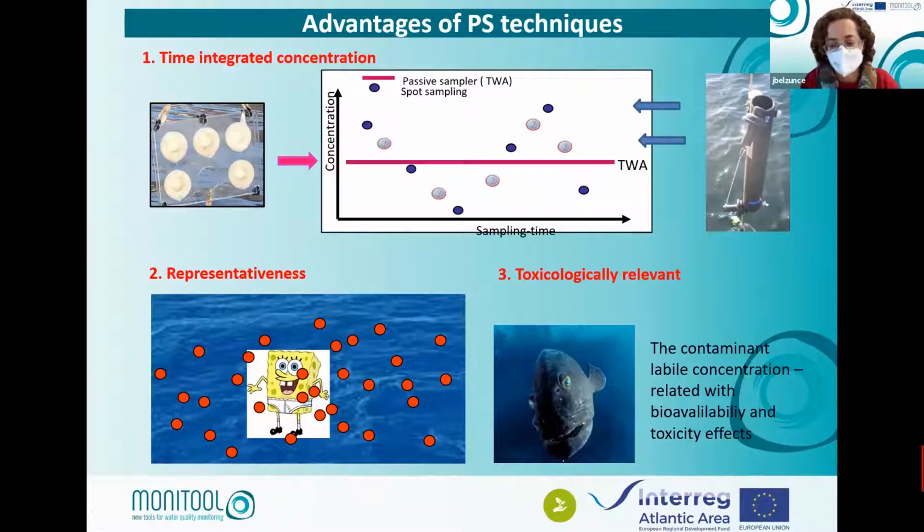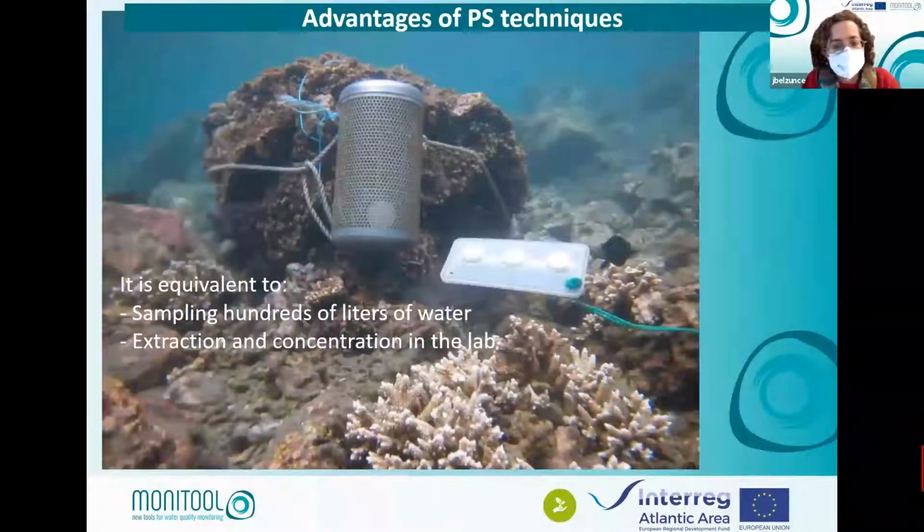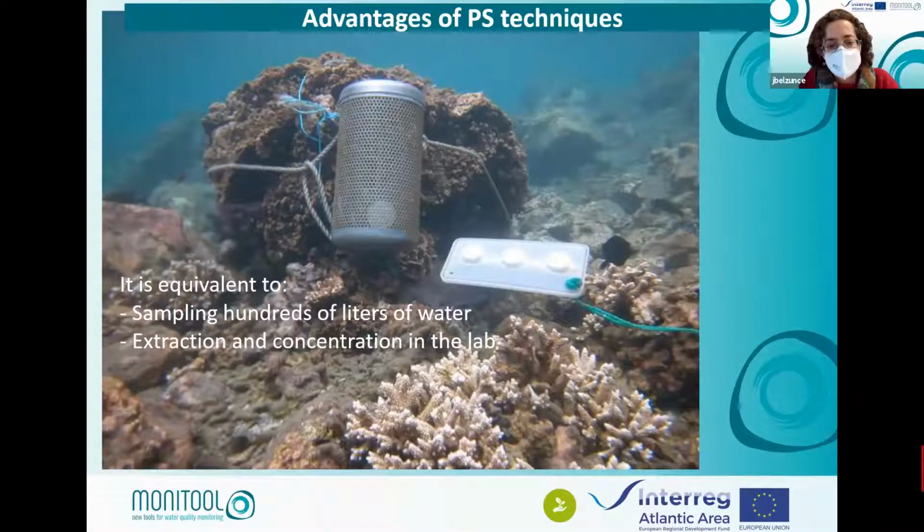So it's more relevant from the point of view of toxicology and ecology. Passive sampling is equivalent to sampling in situ hundreds of liters of water during days or weeks. It's like making the extraction and concentration in situ. What we must do in the lab, we can do in situ with passive sampling. So we are saving a lot of resources and volume of water.